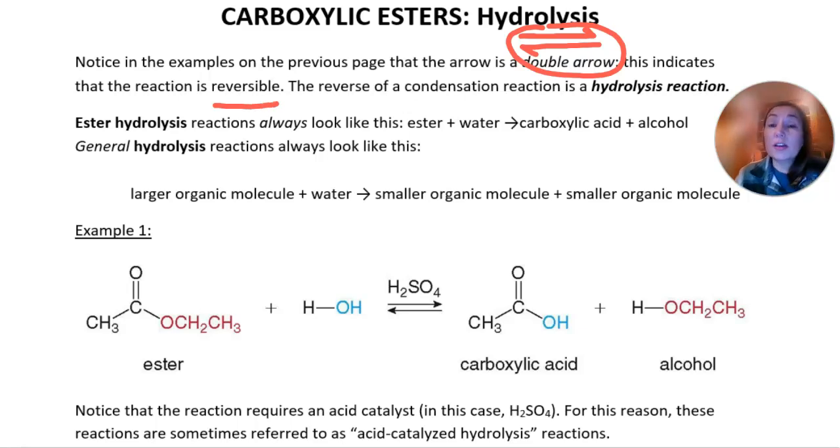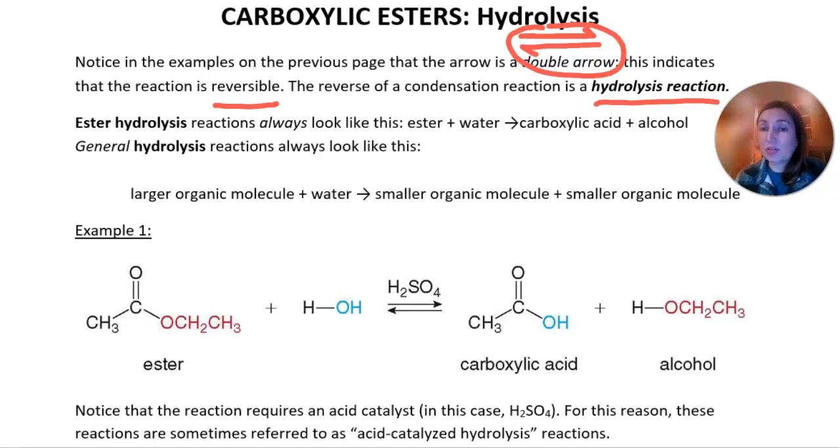So the reverse of the Fischer esterification, the condensation, is called a hydrolysis reaction. Ester hydrolysis takes that product from Fischer esterification, that lovely smelling ester that we made, and reverses it.